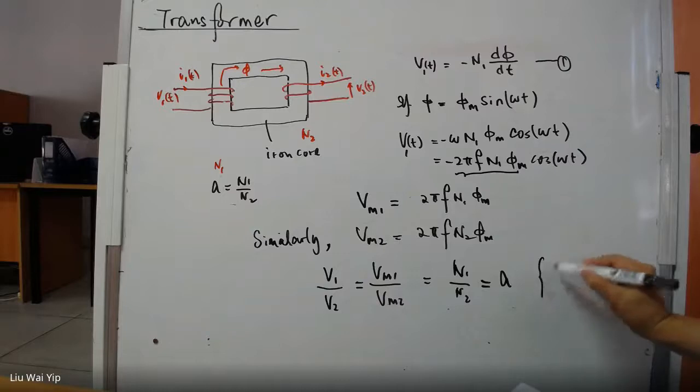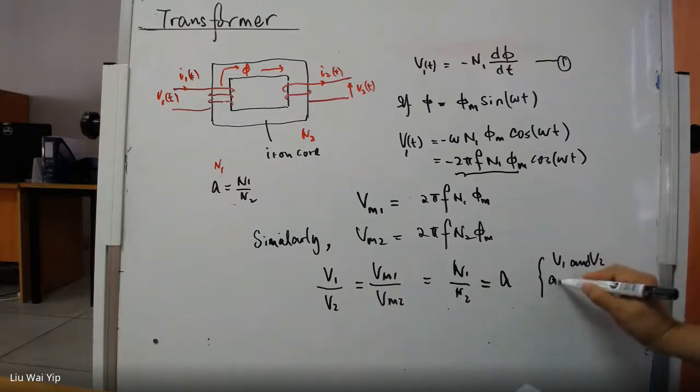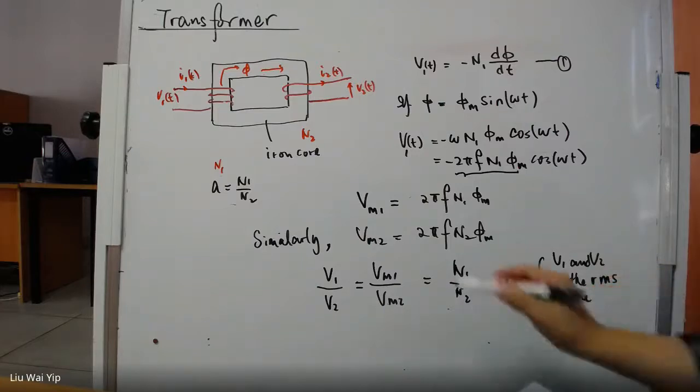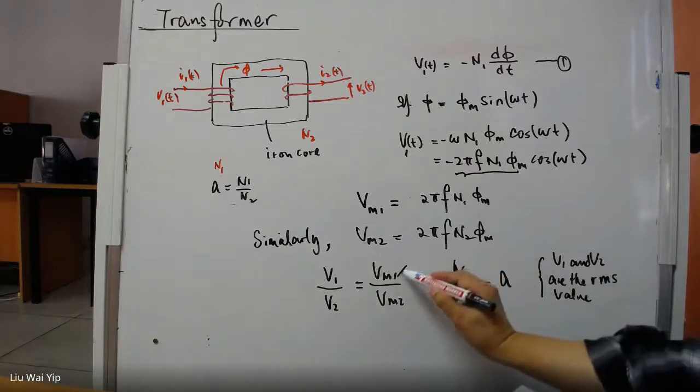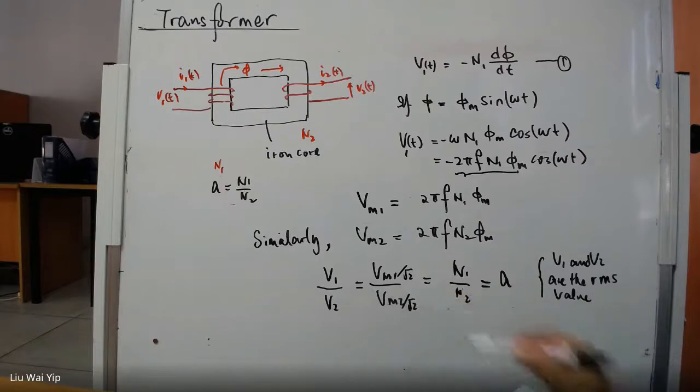Here I would say V1 and V2 are the root mean square, because this maximum divided by root 2 is the root mean square. Okay. Now we have got this: V1 divided by V2 is A.